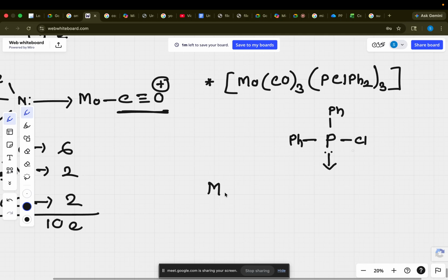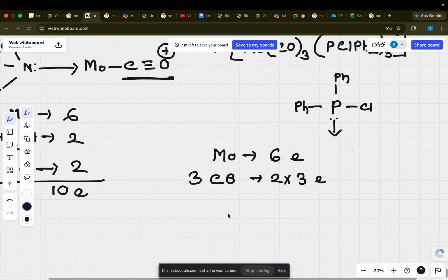So write down now, molybdenum has 6 electrons, 3 carbonyls have 2 into 3 electrons, and you have 3 units of this PCl Ph2, which will donate again 2 into 3 electrons. So 6 electrons from here, 6 from here, 6 from here.